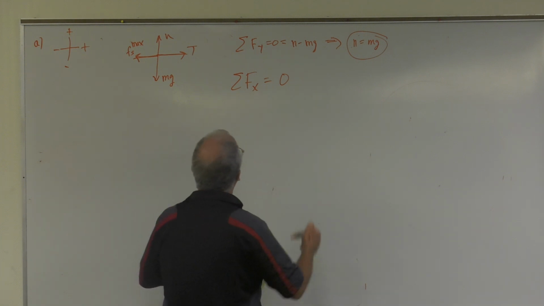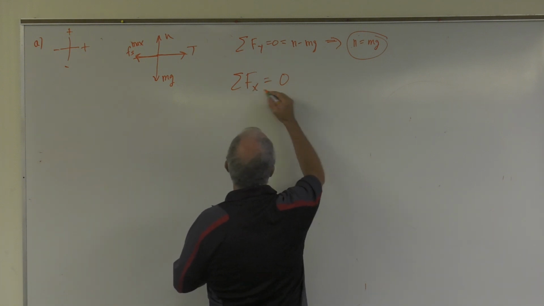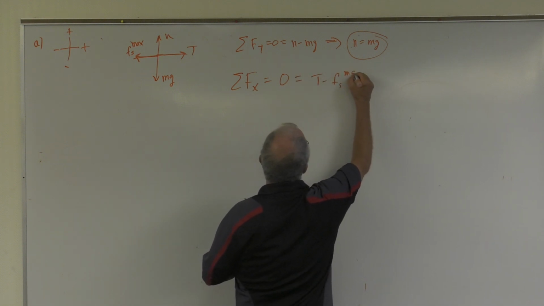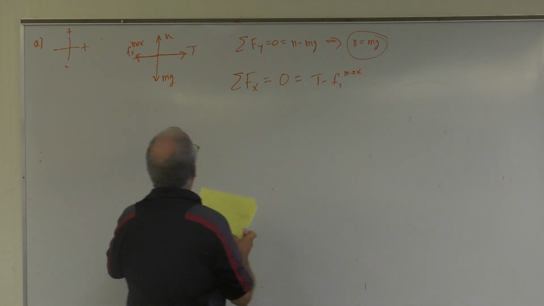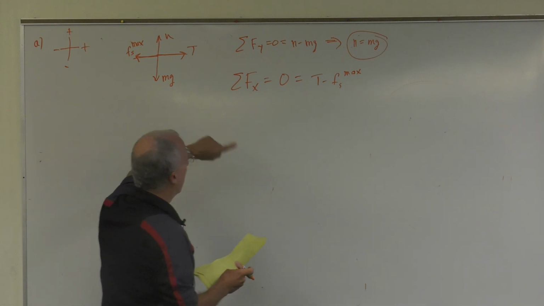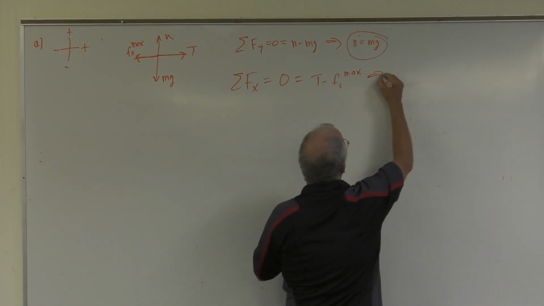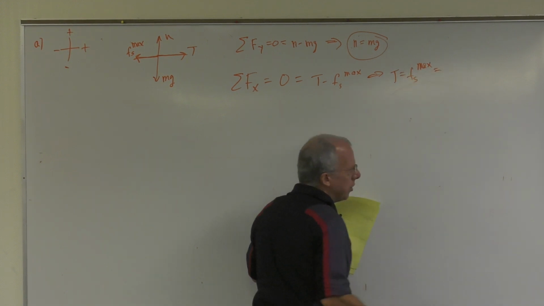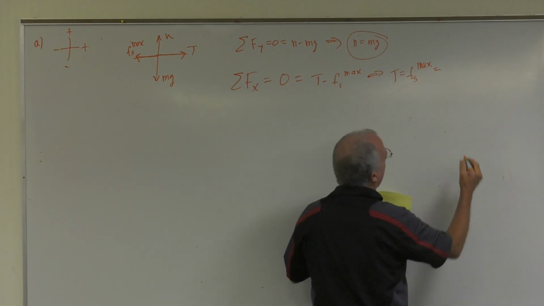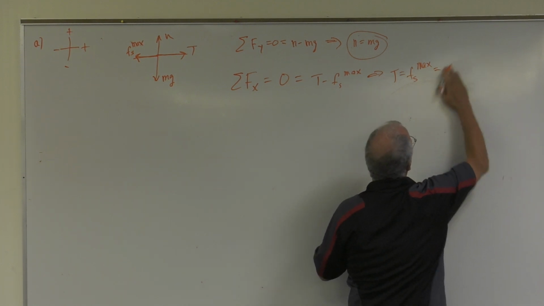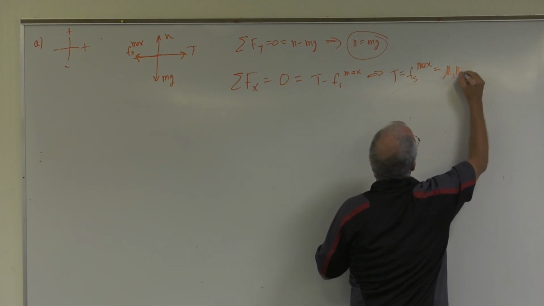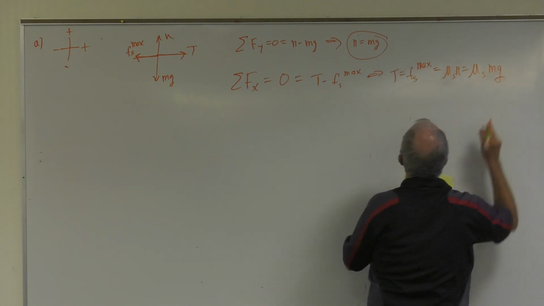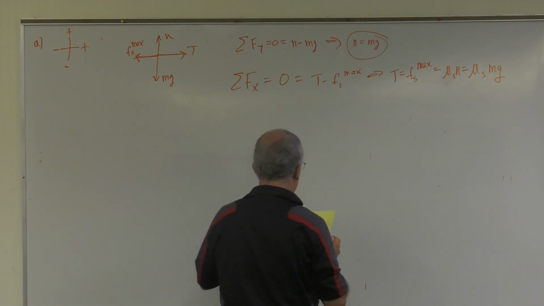So the sum of the x forces is 0, so it's T minus Fs max. Agree? So, therefore, the tension equals Fs max. But what's Fs max? Fs max is mu s n, and we already saw for n, so it's mu s mg. All right? So there you go.